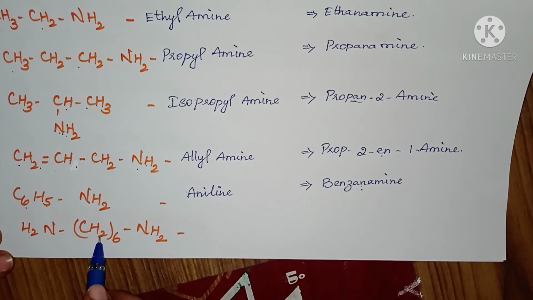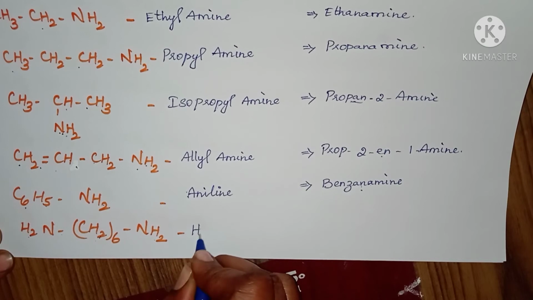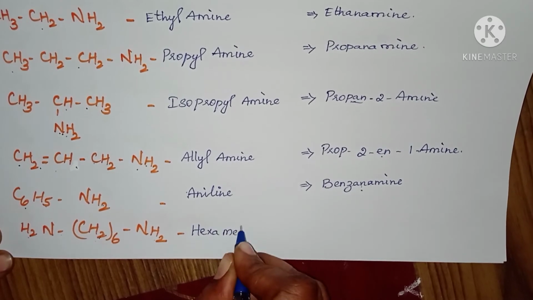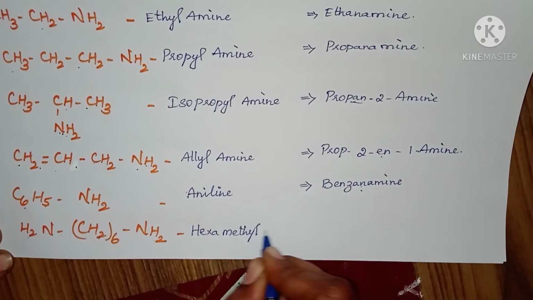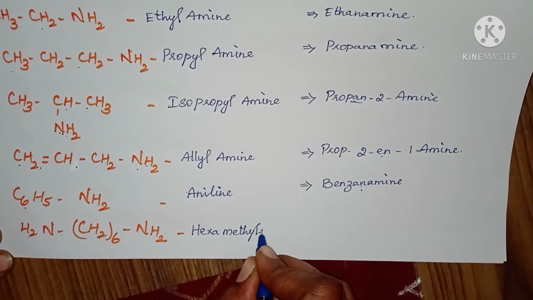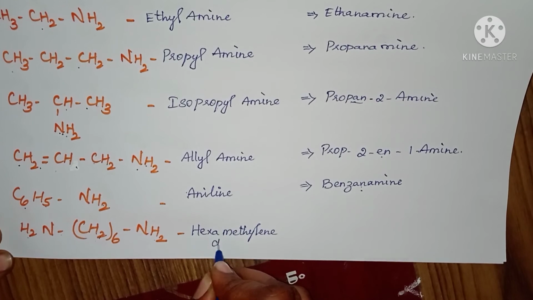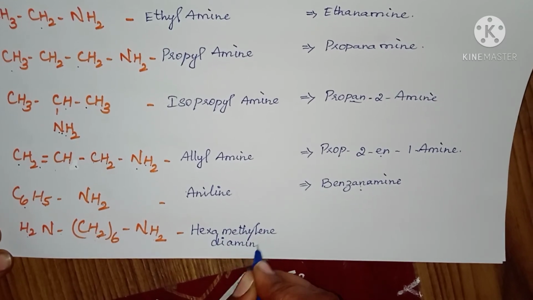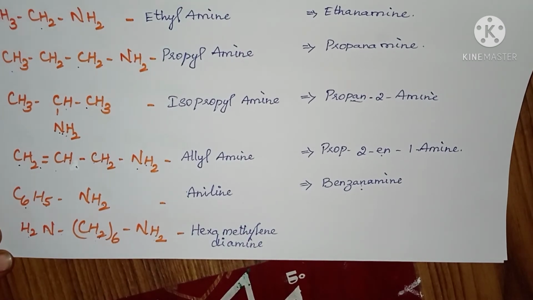The last one is H2N-(CH2)6-NH2. It is hexamethylenediamine, because amines are on both sides. So hexamethylenediamine.